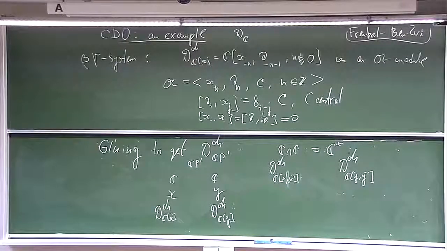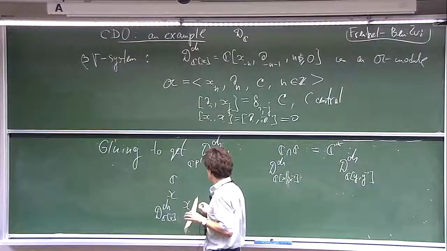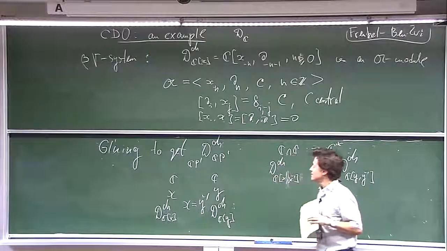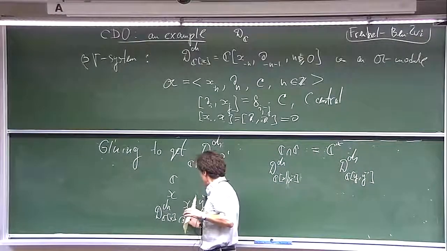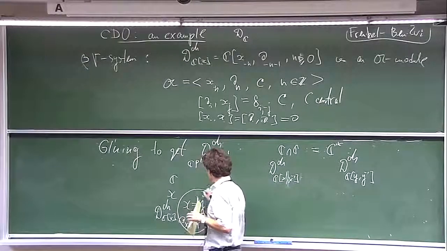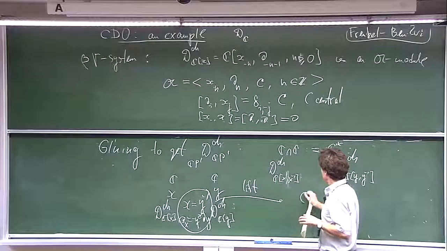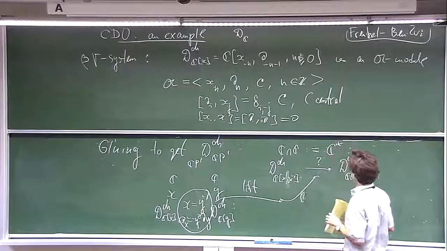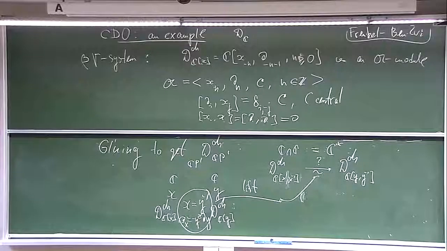So what we want is to lift the relations that hold classically on the intersection, x is y inverse, and dx is minus y squared dy. So what we want is to lift those to an automorphism, to an isomorphism of the two algebras.